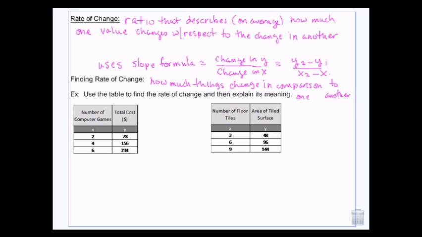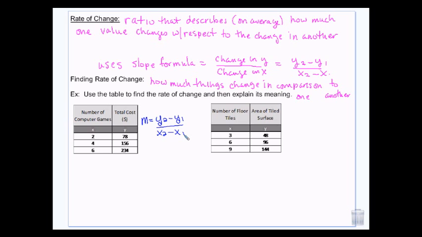So remembering that slope, if I have to pick 2 points, I can use any two. I can use the first two, I can use the second two, I can use the first and the last. Which one would you like to use? First two.